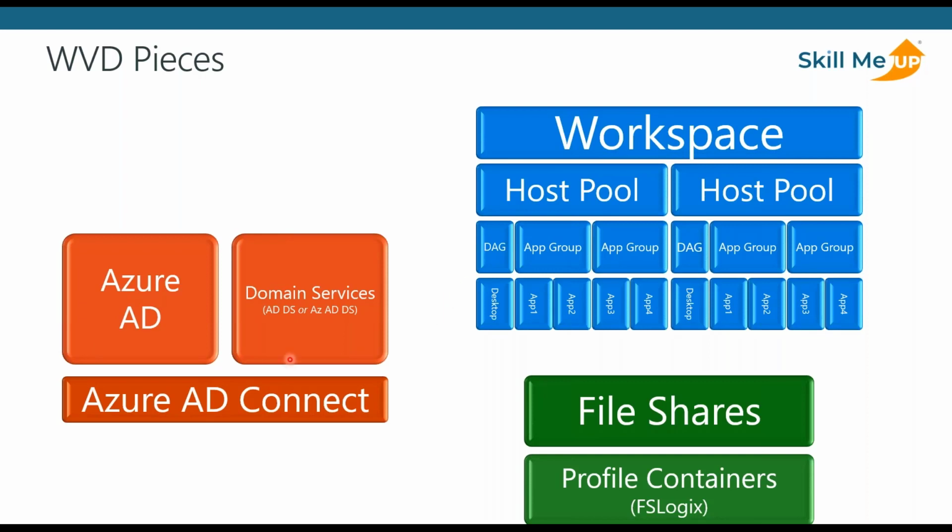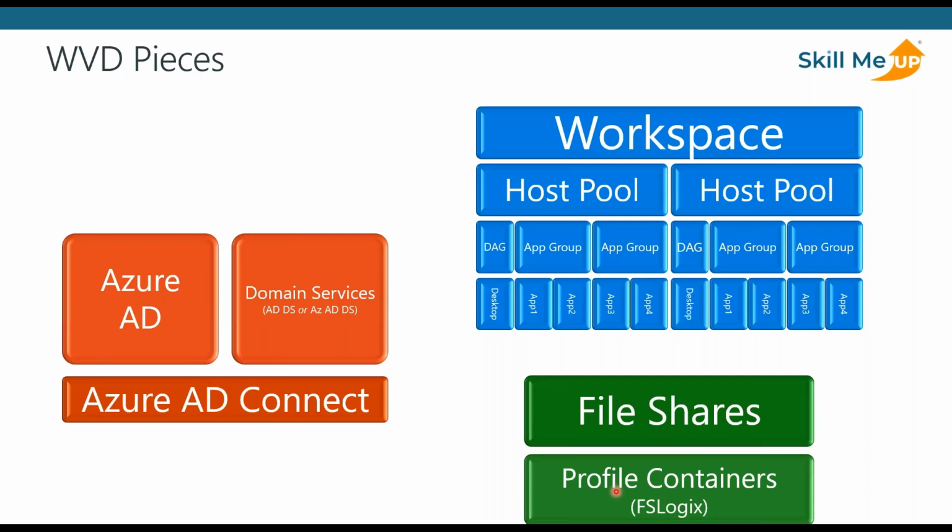And then Azure AD is obviously a very big piece of any WVD deployment. You need both the Azure AD services and the traditional domain services, connected via Azure AD Connect as a key portion of it. And the file shares and your profile containers.